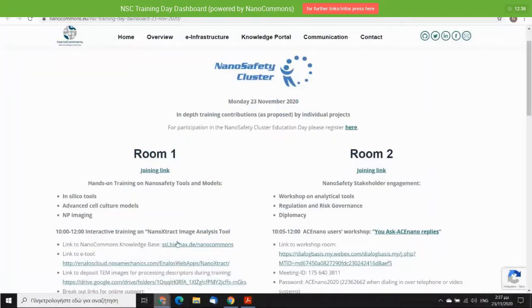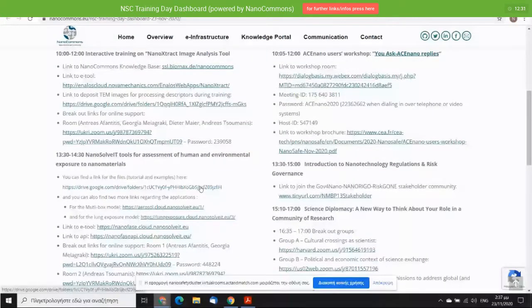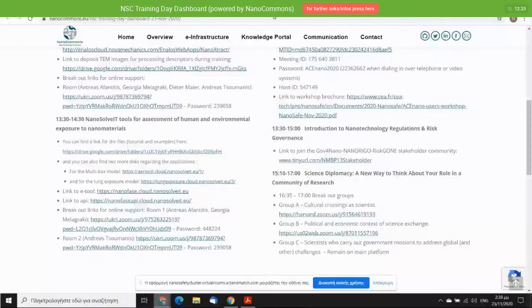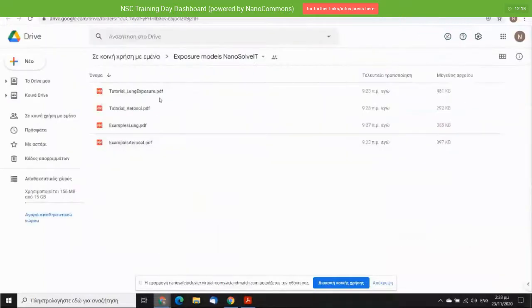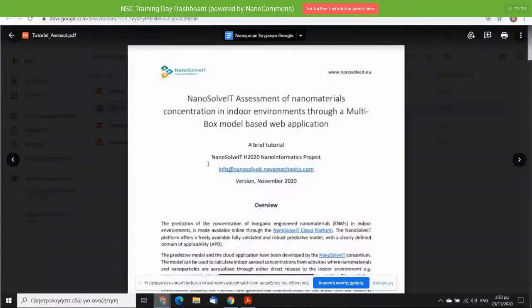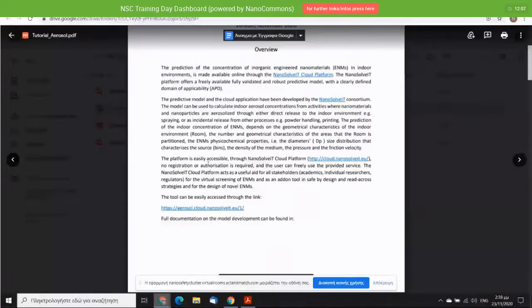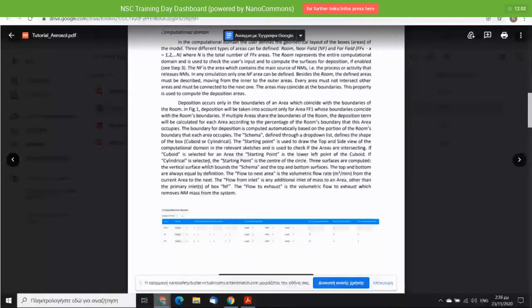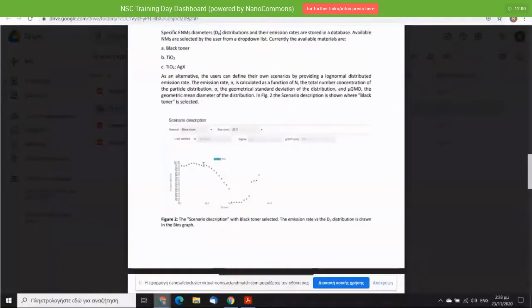So here we have uploaded several documents that we are going to use today, that you have access to. You can find them in this link in the NanoSafe dashboard. You can see that we have two tutorials. These are generic tutorials, in the sense that they give you instructions on how to use the software in a more generic way.